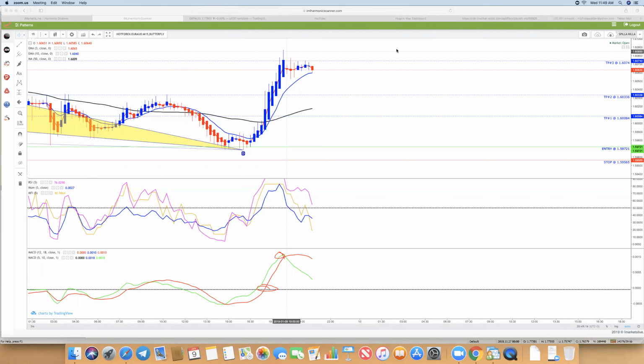Now, I want you to write this. Watch this. When they separate, when they cross, it is a loss of momentum and potentially an exit. Potentially an exit right here. When you have that cross, potentially an exit right there.